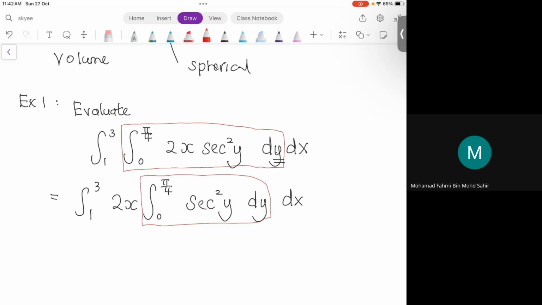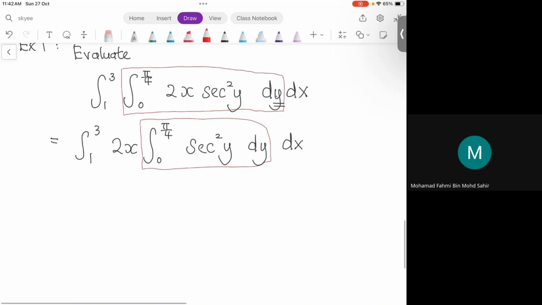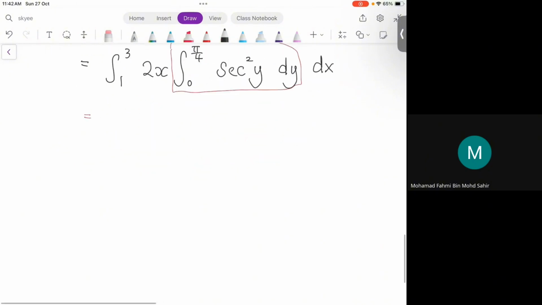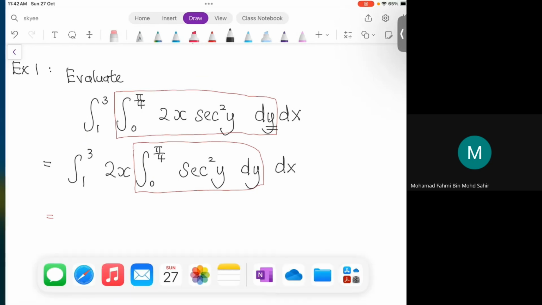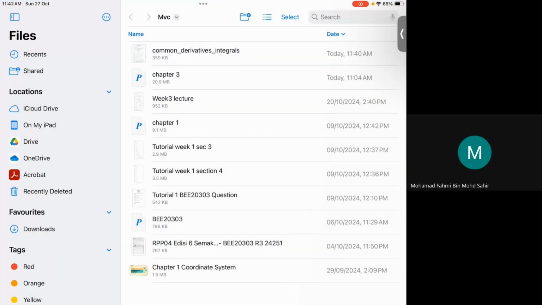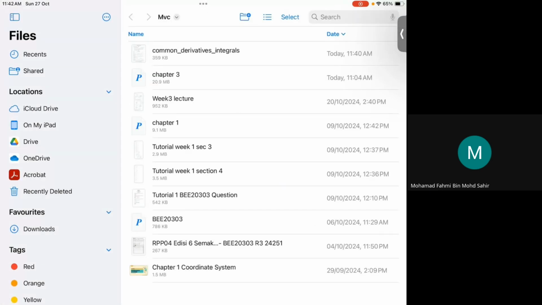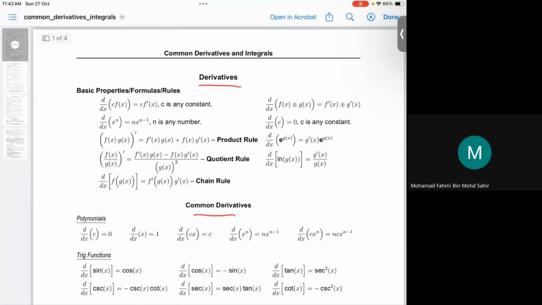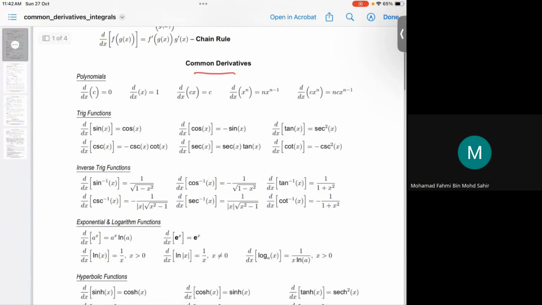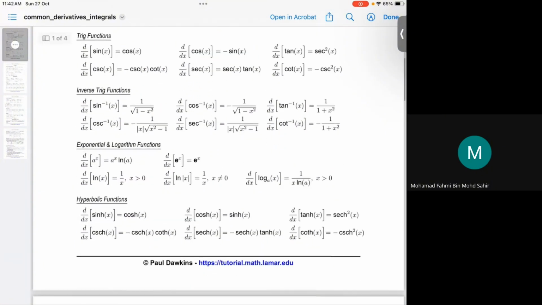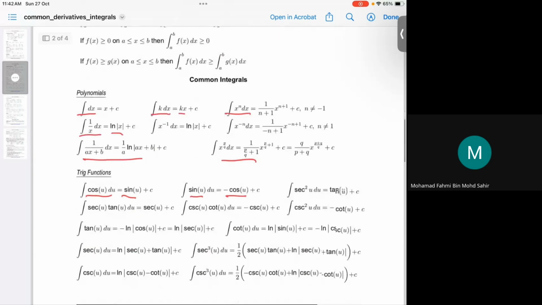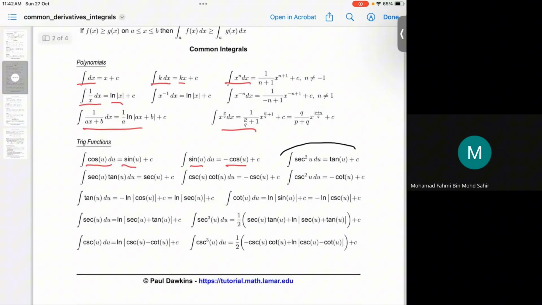Okay, we continue. How to perform the integration with respect to this? We look at the table that I talked about just now. To integrate secant squared, this is the formula you have to use.